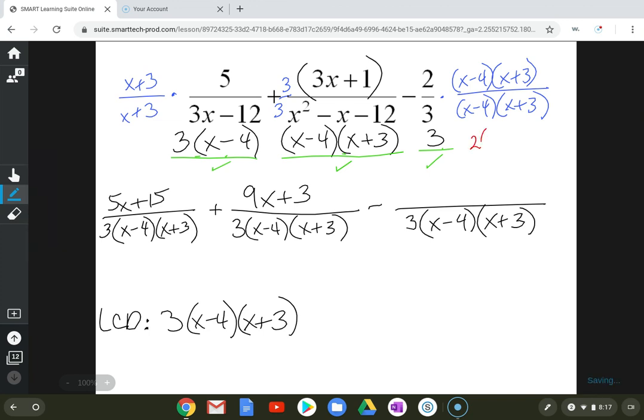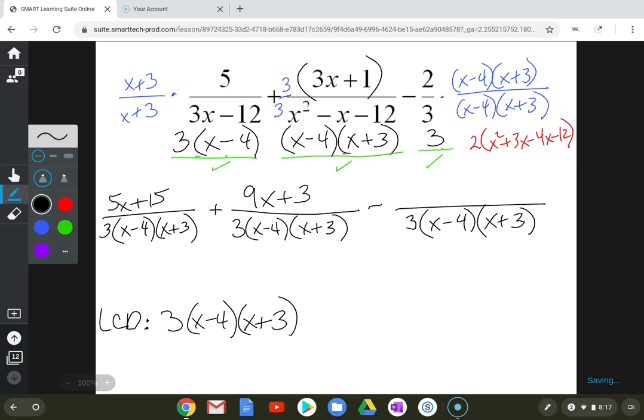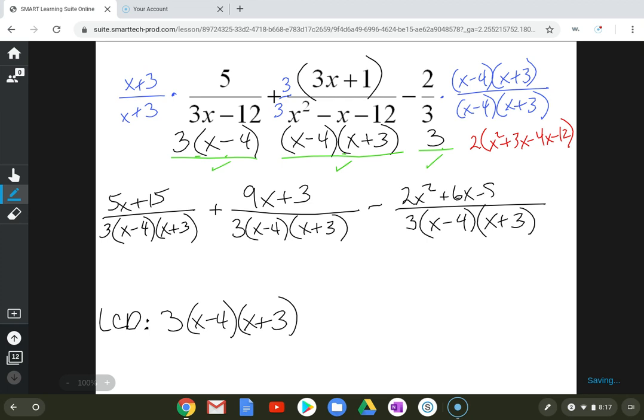So I have 2 times x squared plus 3x minus 4x minus 12. So my last numerator is going to be 2x squared plus 6x minus 8x minus 24.